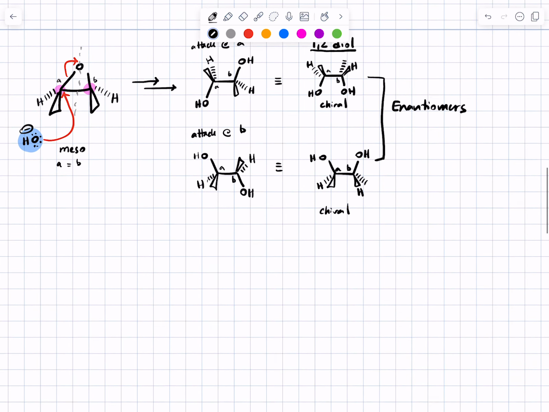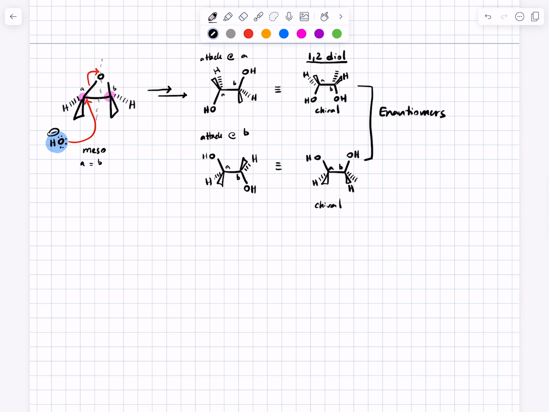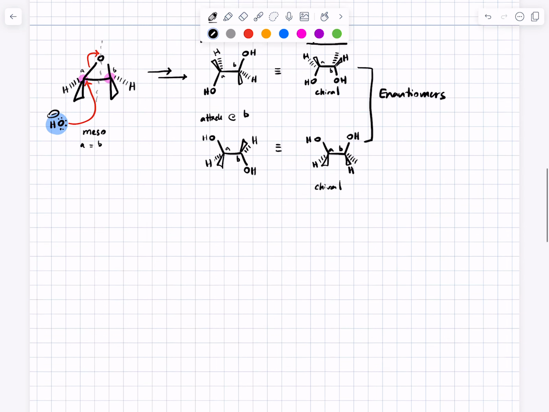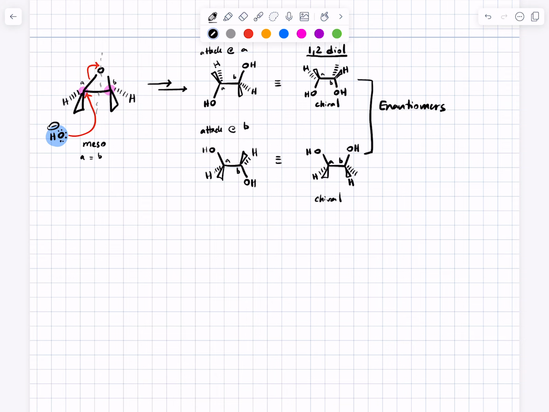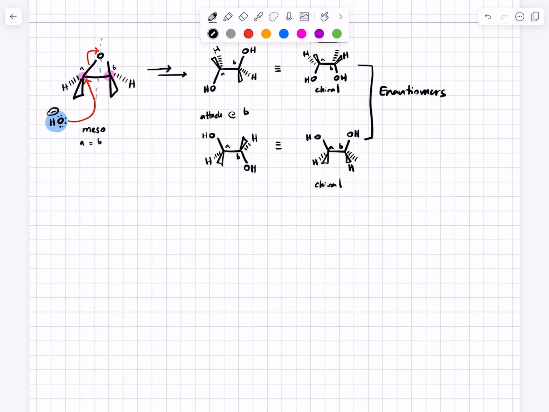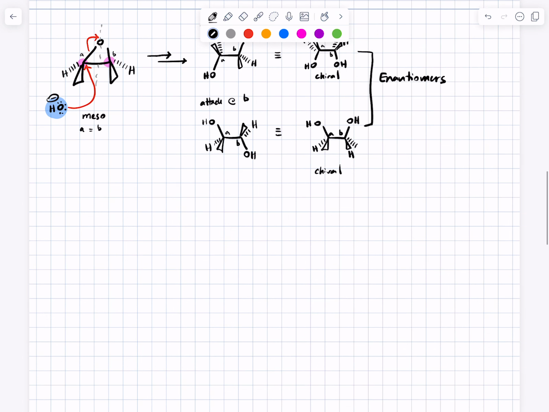All right. So let's do a related problem backwards. I'm going to draw a 1,2 diol product, and then we're going to think about what the starting material would have been.